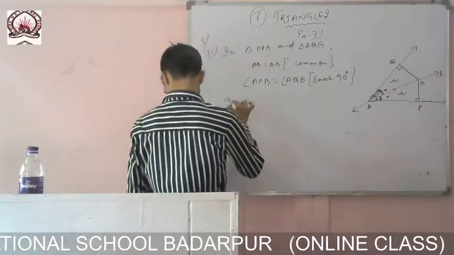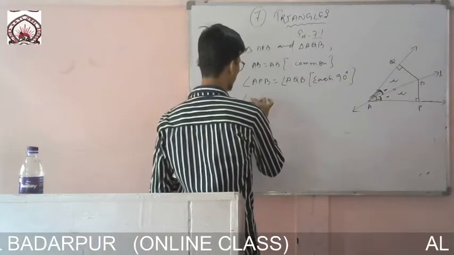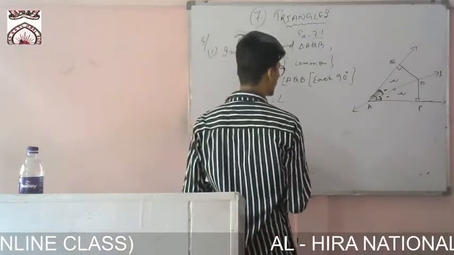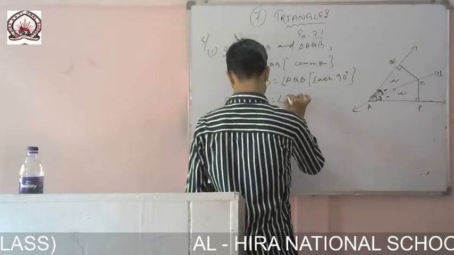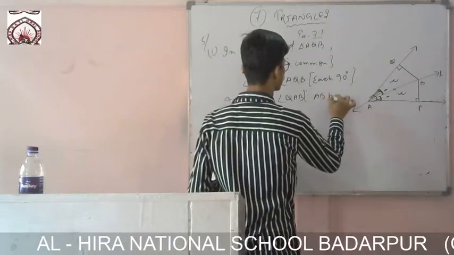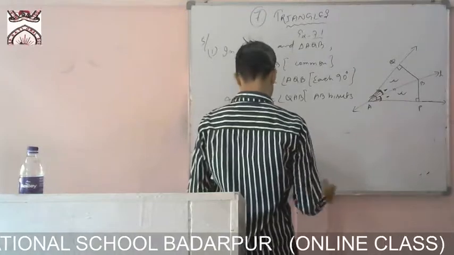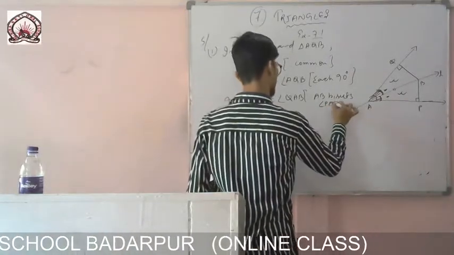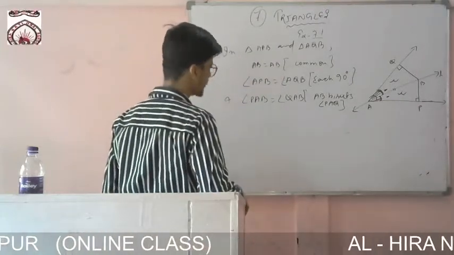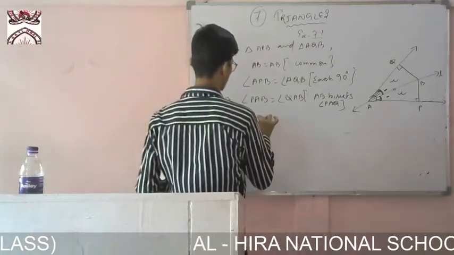So I can write angle PAB will be equal to angle QAB, and the reason will be: since AB bisects angle PAQ. So I can say that these two triangles are equal.